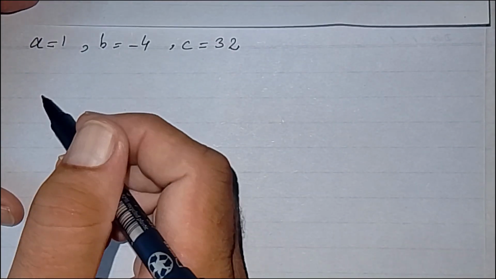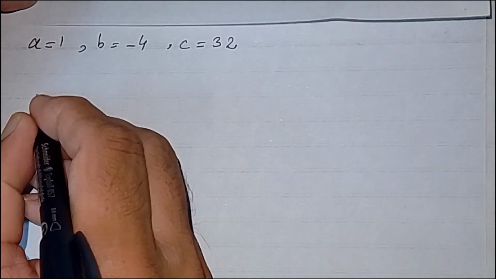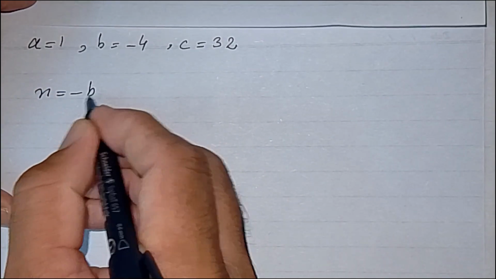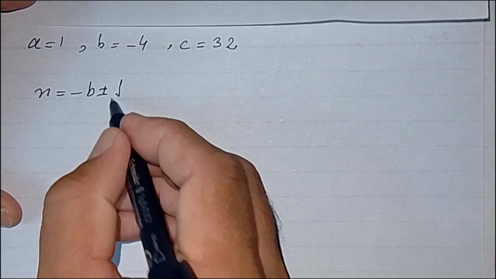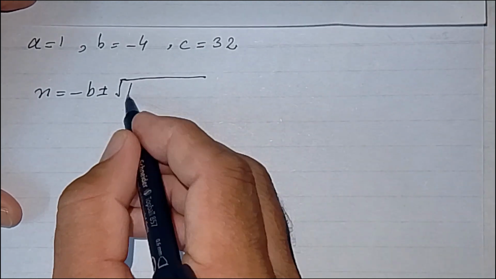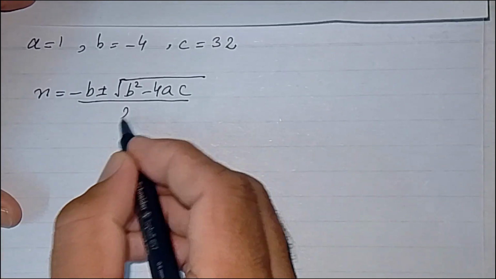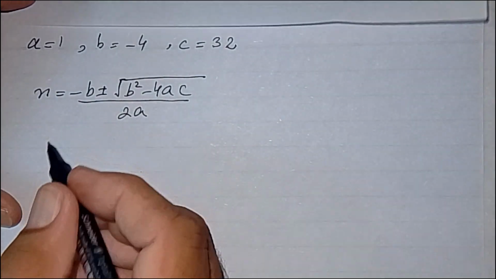And we use the quadratic formula. Then n is equal to minus b plus minus under root b square minus 4ac over 2a.